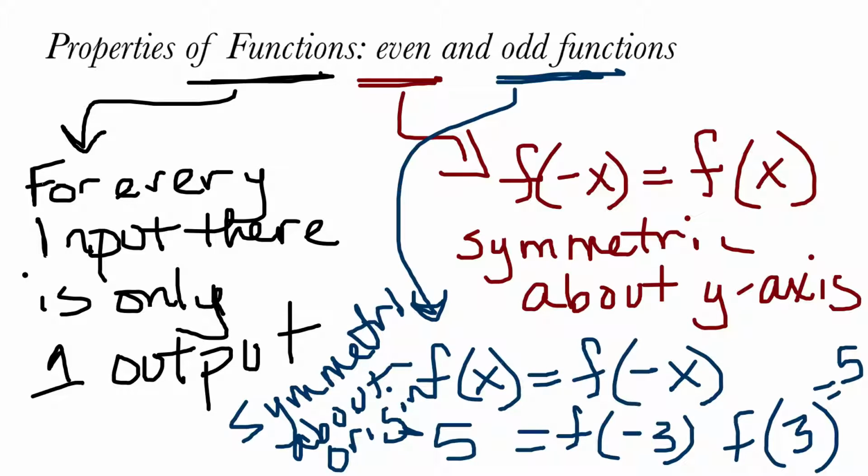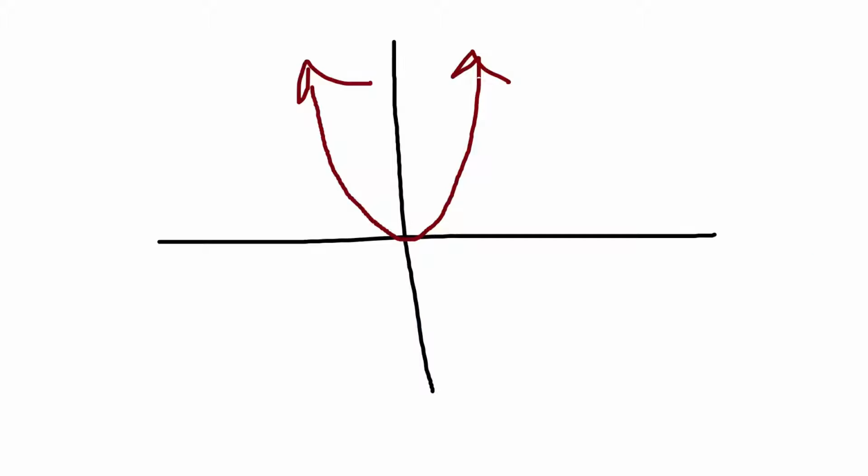Okay, so let's look at some visual examples. Taking a look at this one, I hope you can see that here is our y-axis, here's our x-axis, and I hope we see this symmetry. If I were to take this and fold it over, I would see that it would match up perfectly. This is an even function.